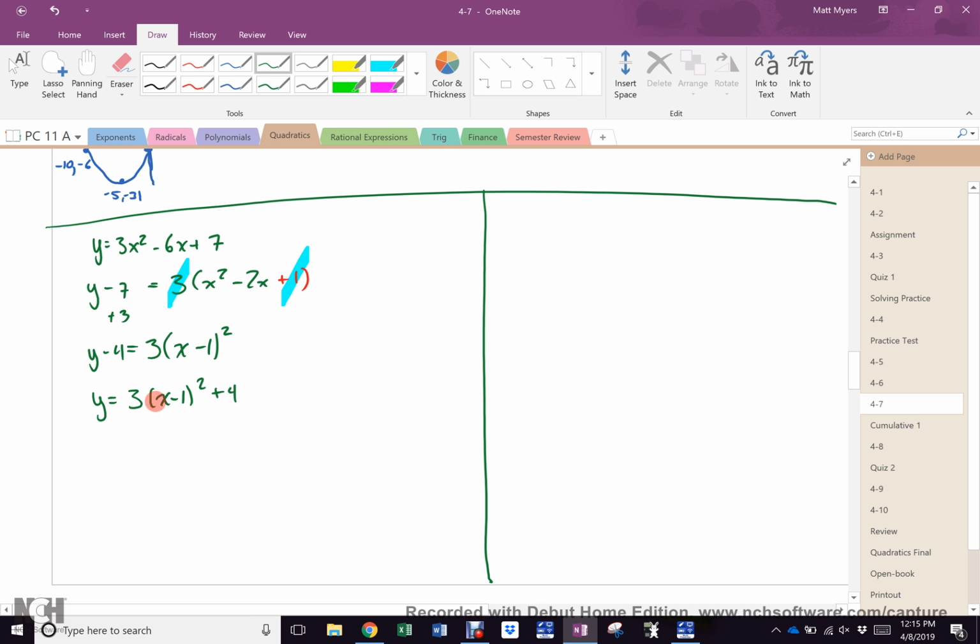Now you graph it with no help from me. And I want to know 5 points from it.